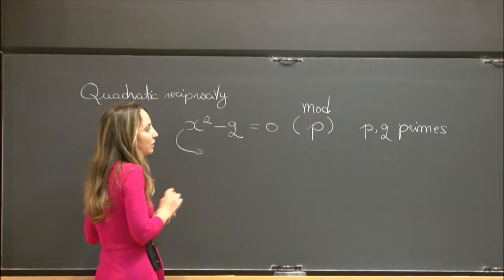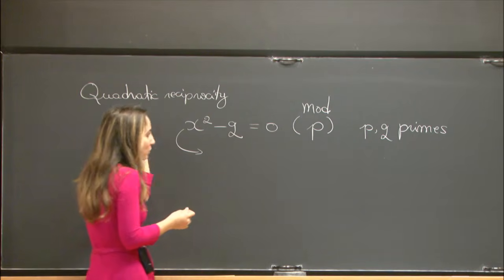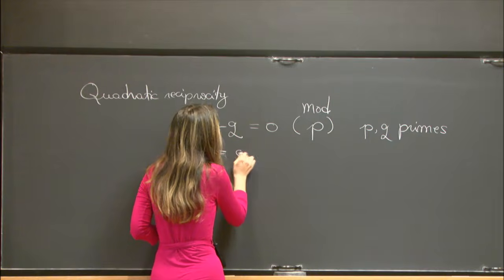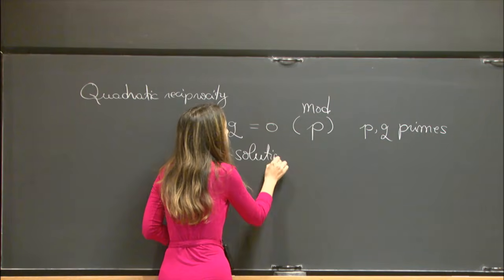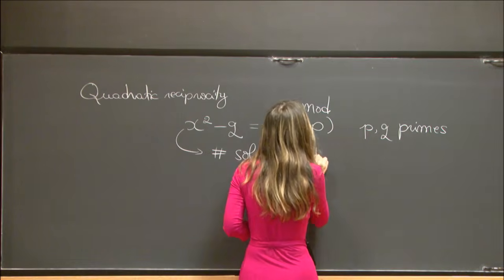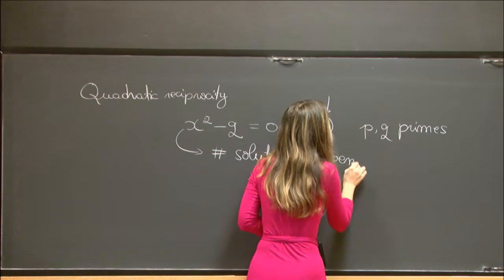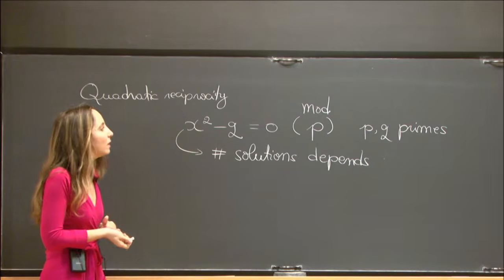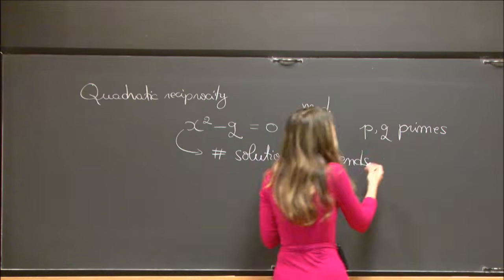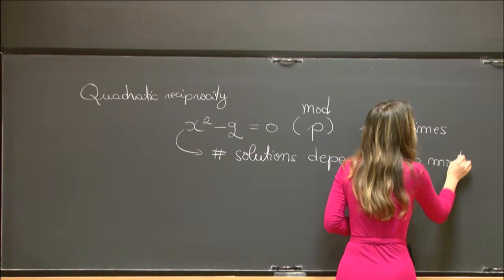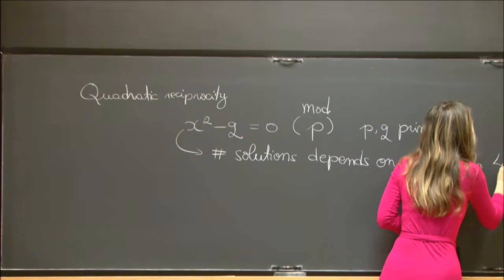And it turns out that quadratic reciprocity tells you precisely that the number of solutions can be 0 or 2, and the fact that it's 0 or 2 depends only on what the residue of p is when you divide it by q. Well, really by 4q. So on p modulo 4q.